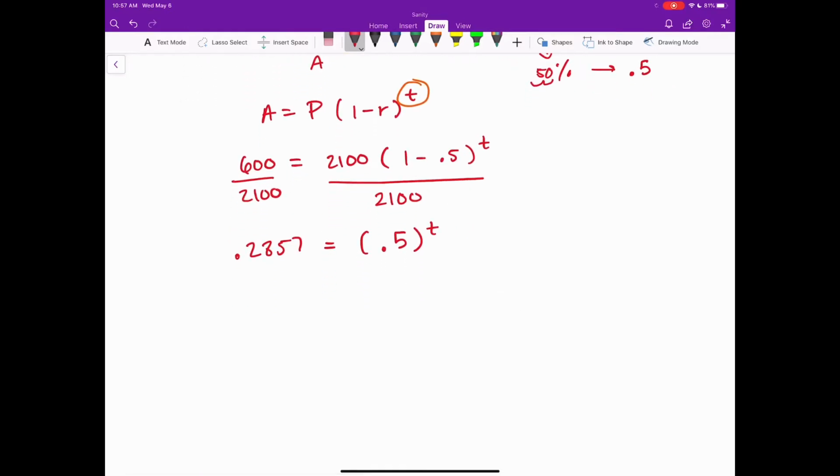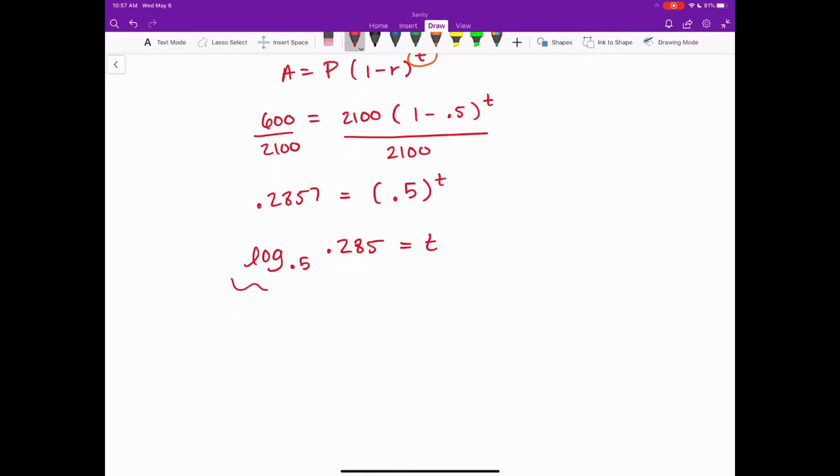Now that this is a simple exponential equation, I can put this into logarithm form. As a logarithm, I have a base of 0.5: log base 0.5 of 0.2857142857, it keeps going, equals my exponent of t.